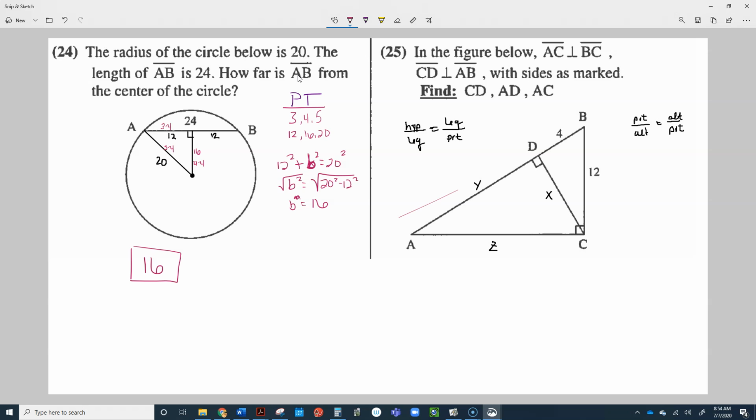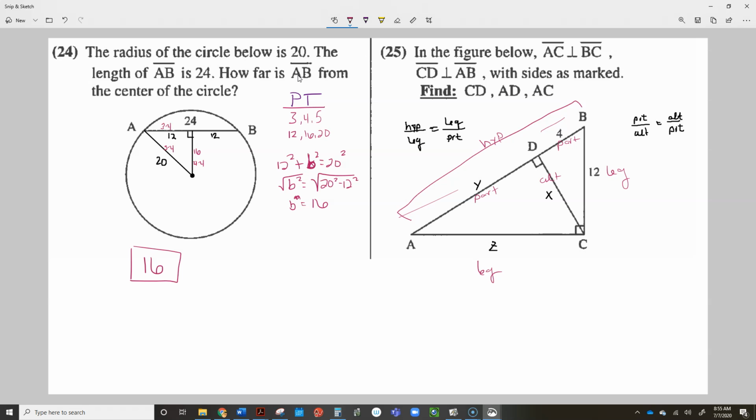So we're talking about this part and this part. So these are the 2 parts. So just to make sure, this is a leg, this is a leg, this is the altitude, this is a part, this is a part, and then this right here is the whole hypotenuse. So that's the part that I'm talking about right here.